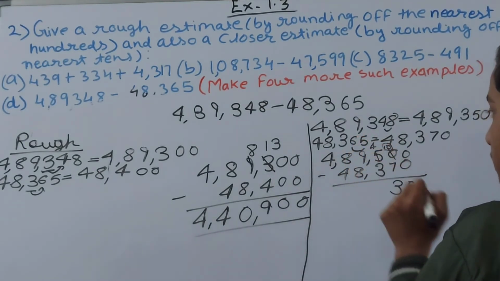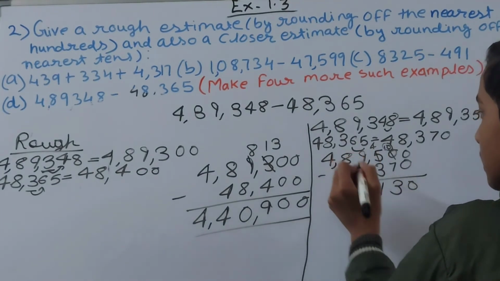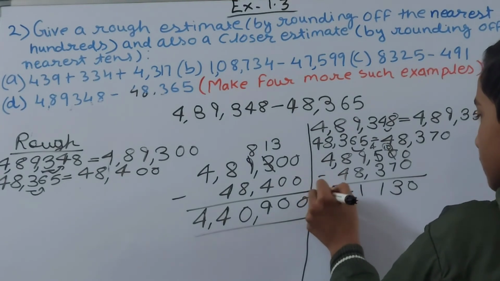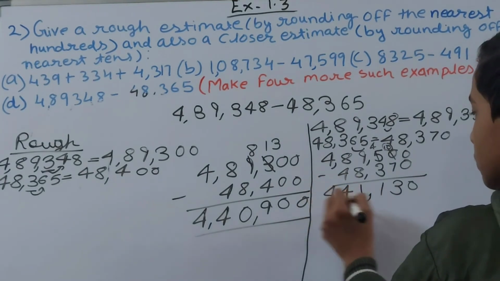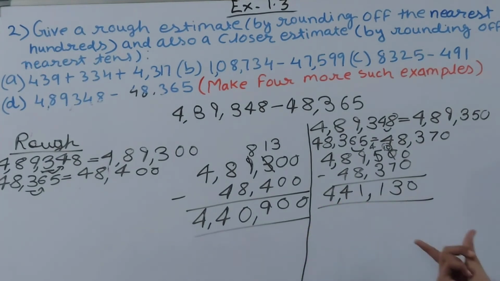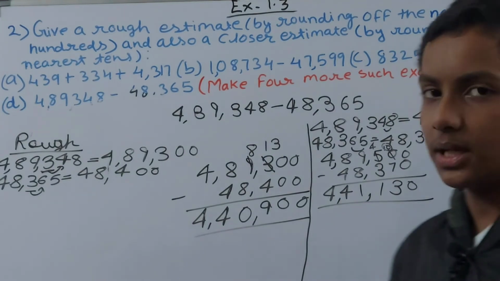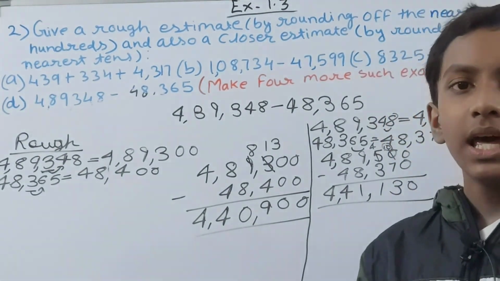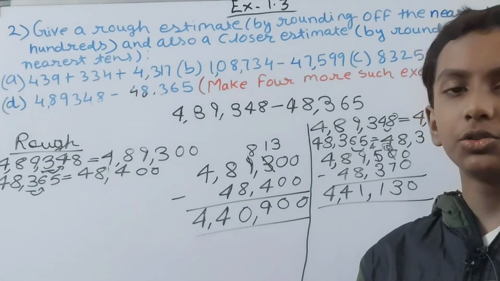Oh, this 5 will turn to 4. 4 minus 3 is 1. 9 minus 8 is again 1. 8 minus 4 is 4, and this 4 will be as it is. So that is the closer estimate, 4,41,130. Now it says make 4 more such examples. So just like these questions, you have to make 4 more examples and find their rough and the closer estimate.